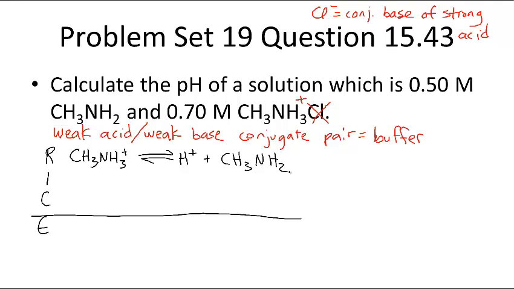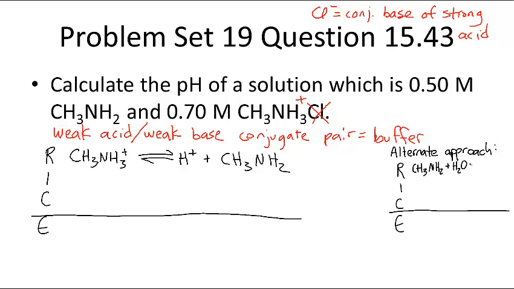Another approach would be to use the base equation. So there I would do my RICE chart with this reaction, CH3NH2 plus water makes CH3NH3 plus, I ran out of space, plus OH minus.